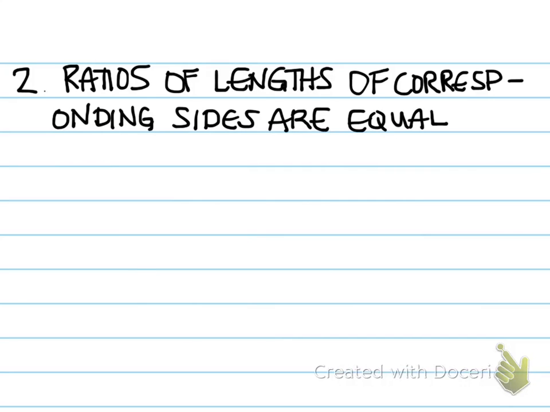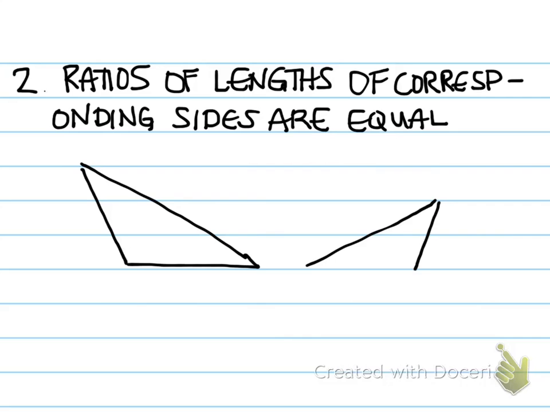Again, we see that word corresponding, but this time we're talking about the side lengths instead of the angle measures. So again, the ratios of lengths of corresponding or matching sides are equal. So I'm going to draw those triangles again. Notice again they're similar, they're both triangles, but they're not the same size.